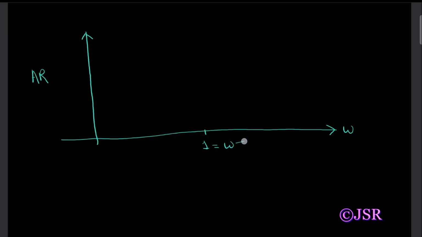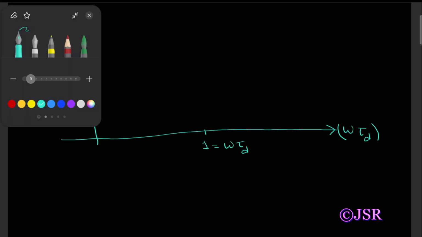So we are just plotting AR versus omega tau d.